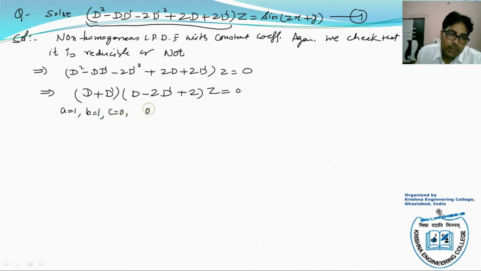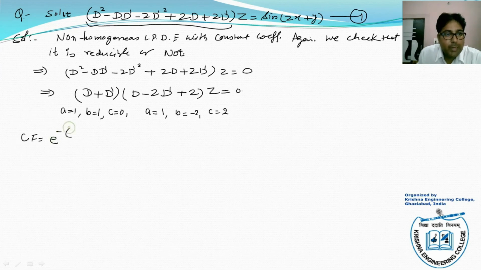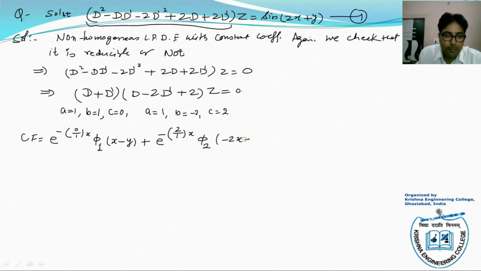In the second factor, A is 1, B is minus 2, and C is plus 2. So the CF corresponding to the first factor is e to the power minus c by a, which is 1x, phi 1 of bx minus ay, plus, corresponding to the second factor, c by a, c is 2 by a 1, x, phi 2 of bx minus ay.